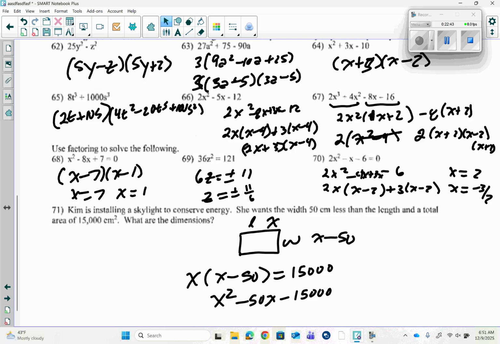So let's see, what two numbers multiply? I need the factors of 15,000. Okay, so I got 1 and 15,000. I'm going to go kind of aggressive. So 15,000 divided by 25 is 600. Okay, that's still too big.